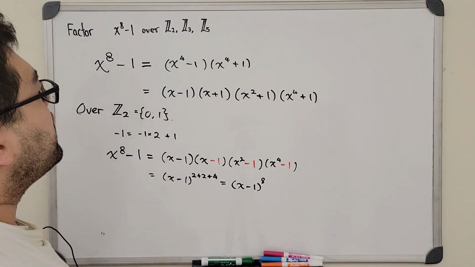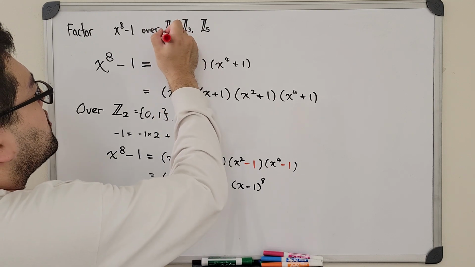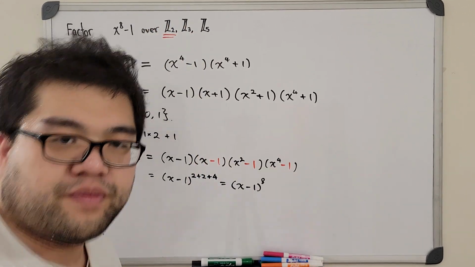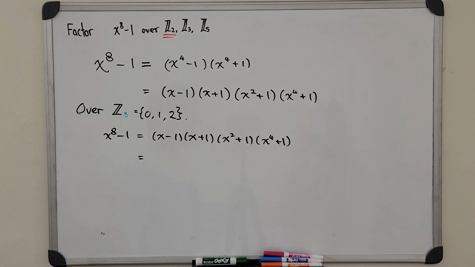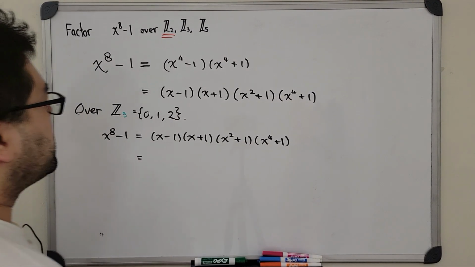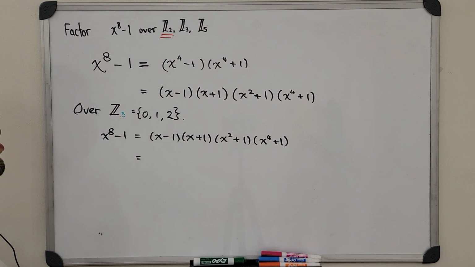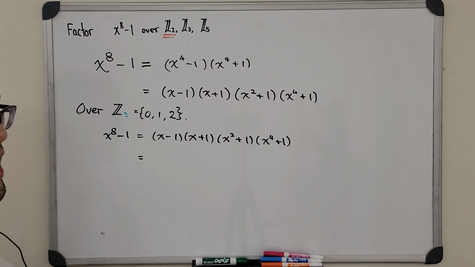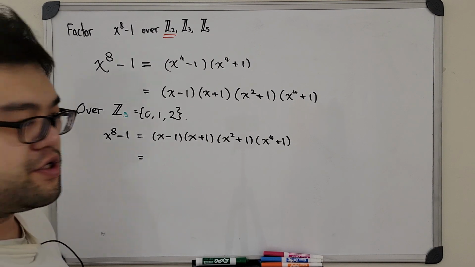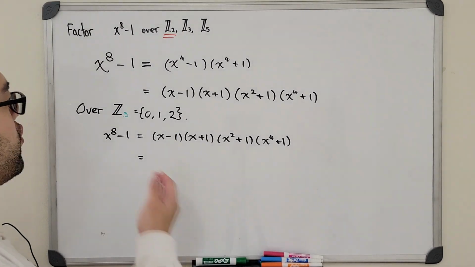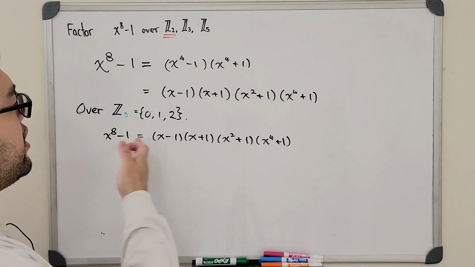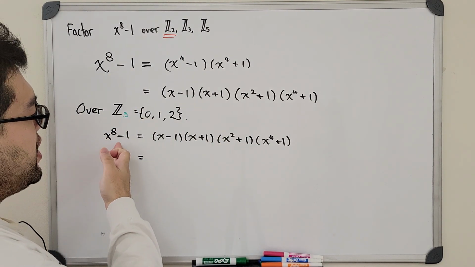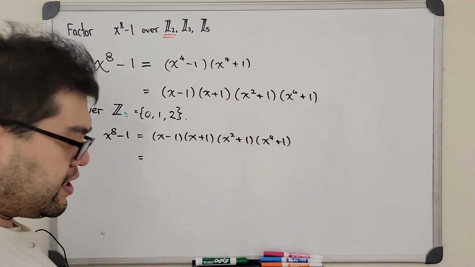Good, so we already finished the first one. Now let's move on to the second one. For the second one, we have the field Z3, which contains 3 elements: 0, 1, and 2. Of course, we start from what we ended up with, which is x to the 8th power minus 1 equal to the right hand side.